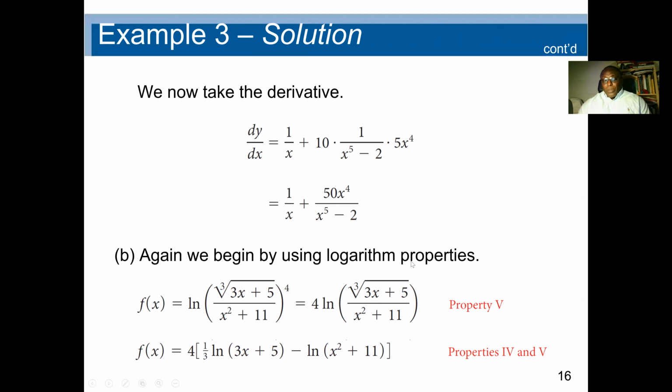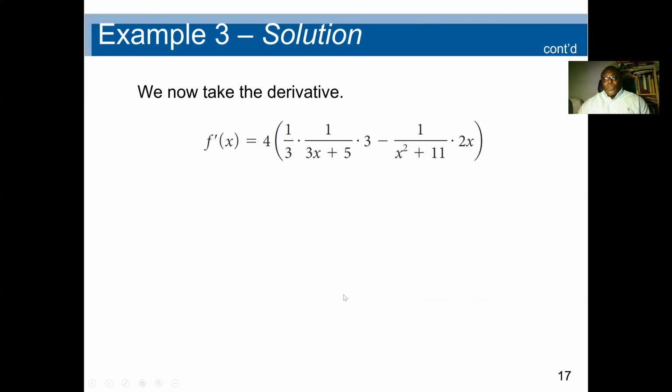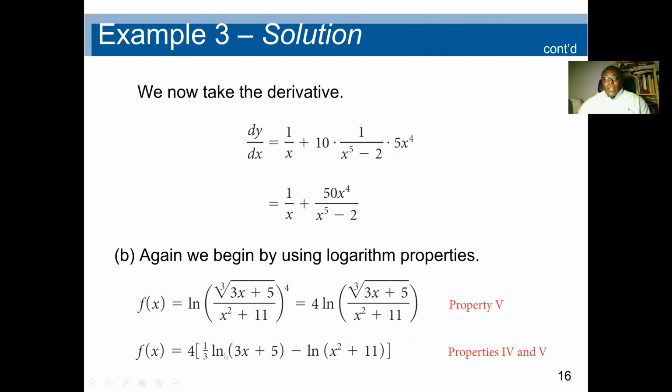Then from here, we can find our derivative now. We know we have the natural log. So natural log of 3x plus 5 will give me 1 over 3x plus 5 times 3. So the 3 will cancel the 1/3, so that will cancel everything. Then here we have 1 over x squared plus 11 times 2x.